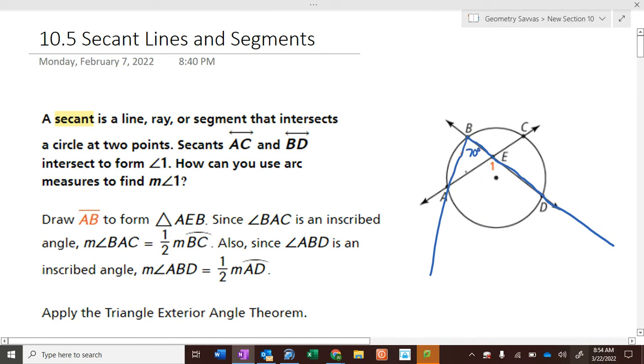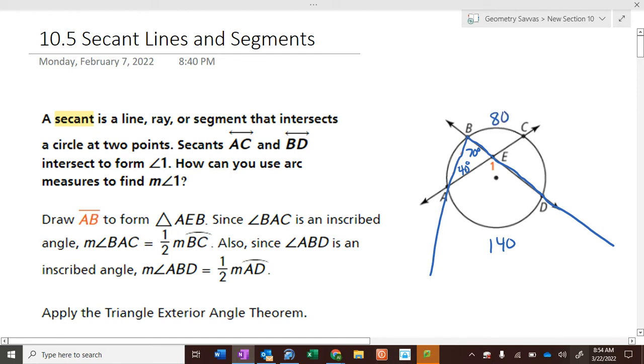So what would that make this arc right here? 140. And let's say this angle right here is like 40 degrees. What would make this arc up here, BC? That would make this 80 degrees.